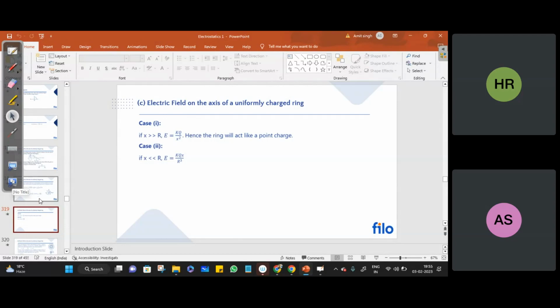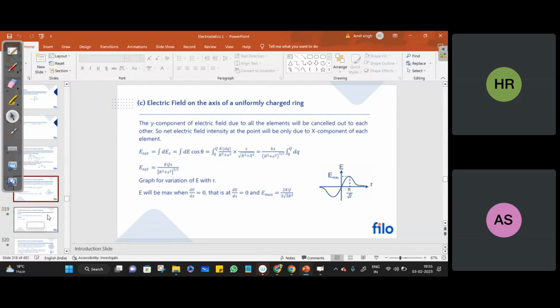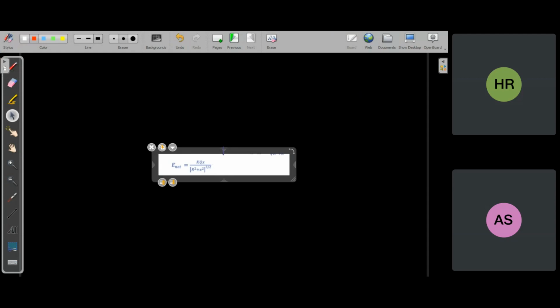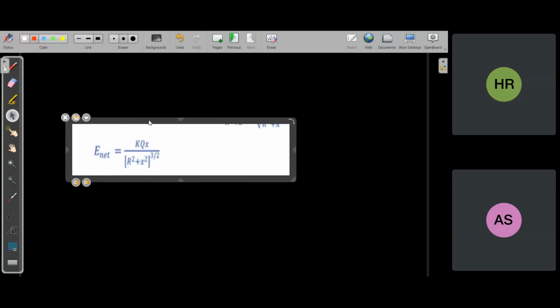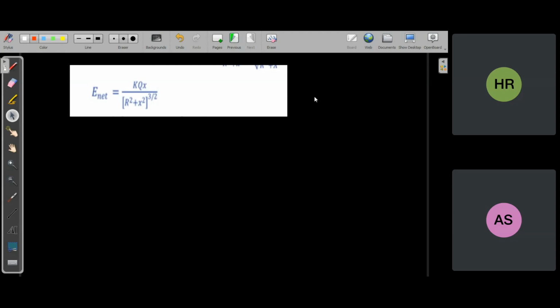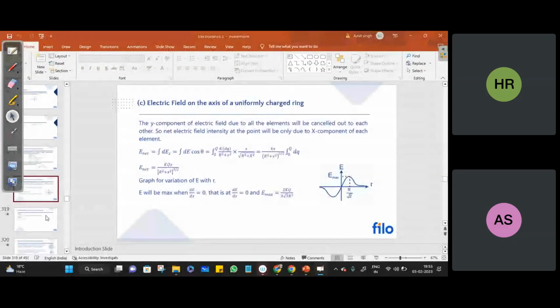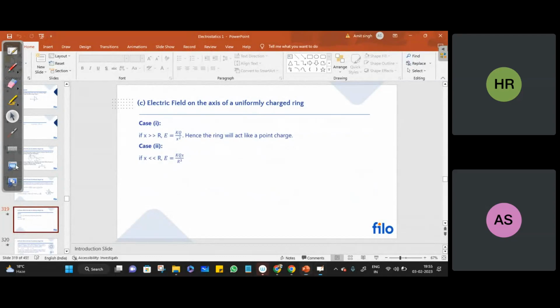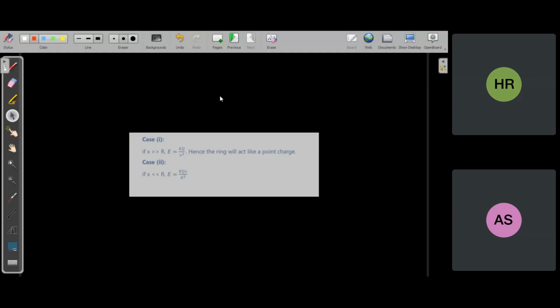So you also know that in this expression, if you take x as very, very small, suppose x is very, very small as compared to r, meaning the point is very close to the axis, then you can find what the electric field will be. And if x is very large as compared to r, then also you can find the value of the electric field by using approximations.